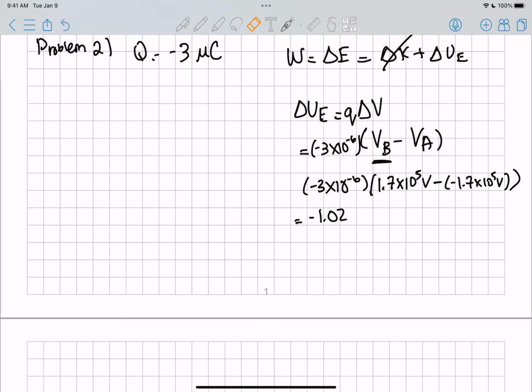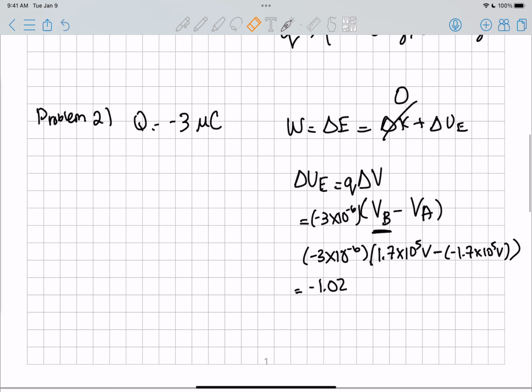I have a question here that says, so kinetic energy is equal to 0 because it's going from rest to rest. Exactly, right? So we're setting up this charge here. It's positioned at point A. It's not moving. And then we move it, and then we just relocate it to point B. So it started off not moving. It ends up not moving. Initial velocity 0, final velocity 0.